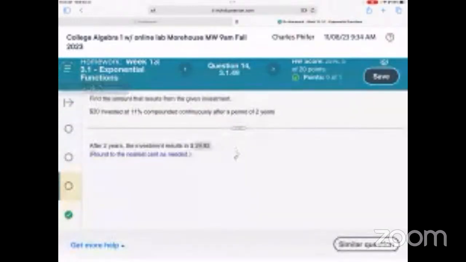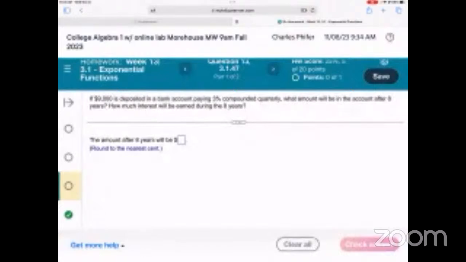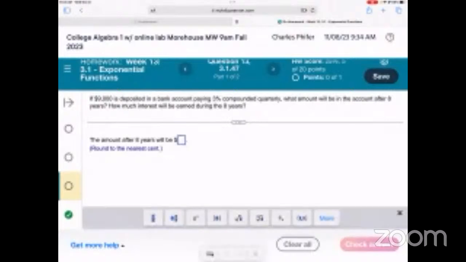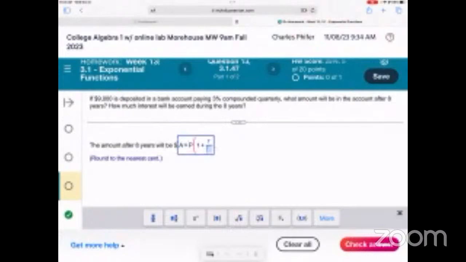If 9,000 is deposited to an account paying 3% compounded quarterly, what's going to be in the account after 8 years? How much interest? Okay, 8 years, right? So compound interest formula, A equals P times (1 plus r over n) to the power of nt. That's the formula that we're using.